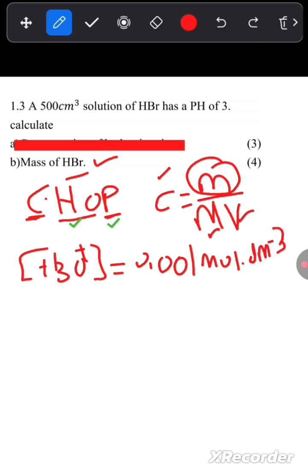That was the concentration of hydronium ions. Now, I'm going to use the ratio to get the concentration of HBr. So I say HBr is to hydronium ions.